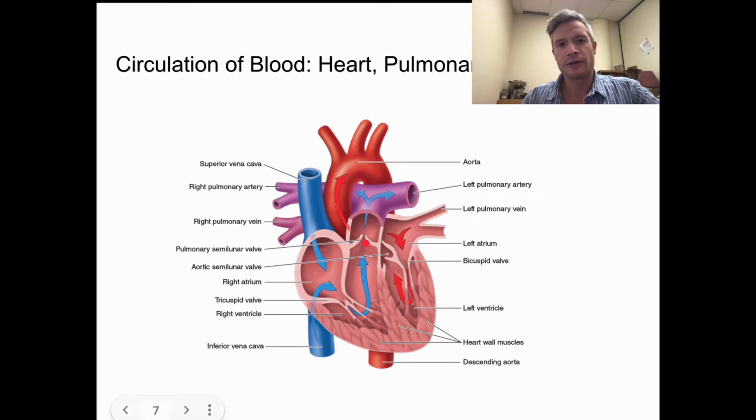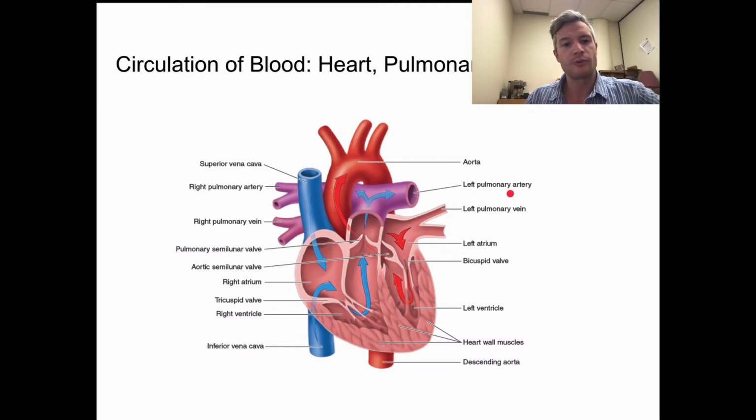Why? Where is blood going? Well, it's not just a clever name, it is very descriptive. It's going to the pulmonary circular system. If you remember from what we just covered, that means it's going to the lungs. So we have our pulmonary arteries pushing deoxygenated blood towards the lungs to become oxygenated.